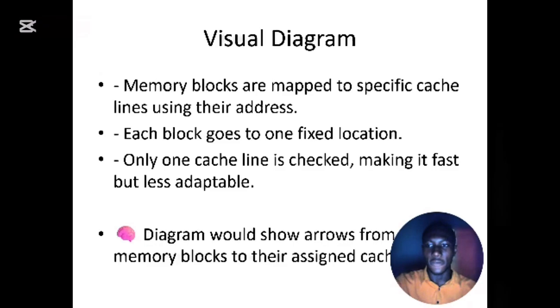This results in a very fast lookup. But again, if two frequently used blocks share a line, they will constantly replace each other, causing performance drops.